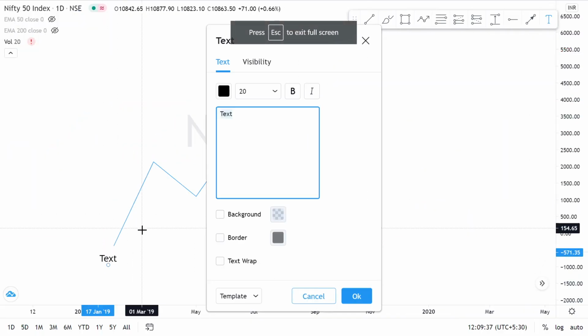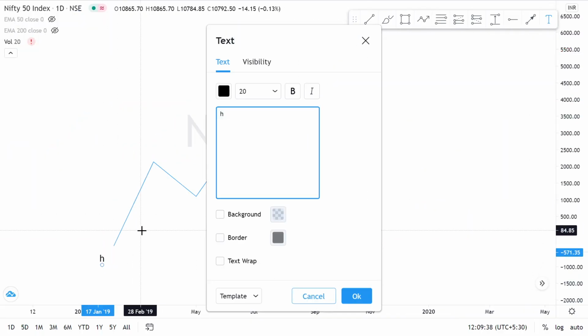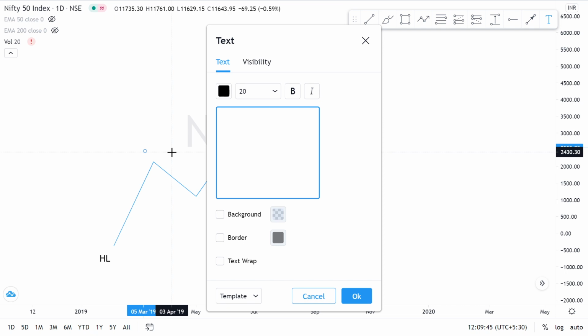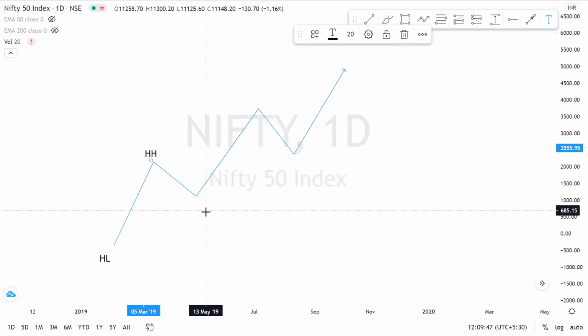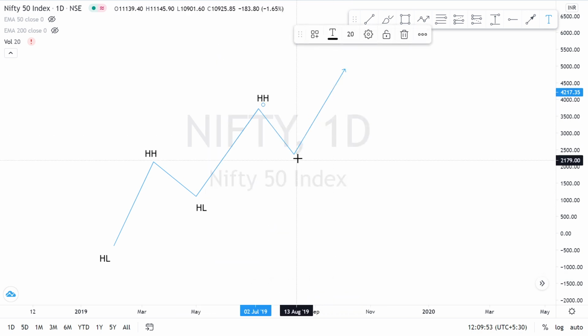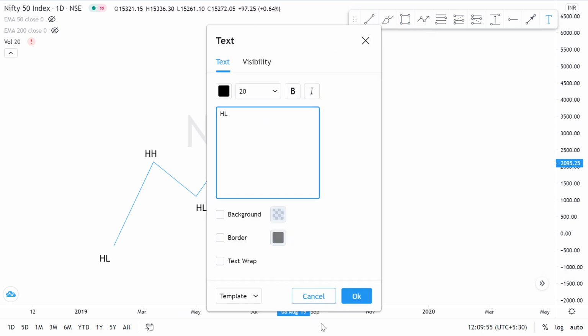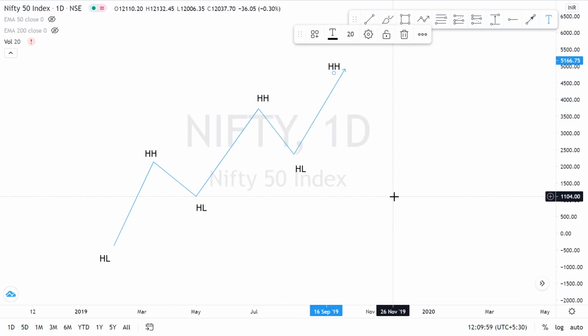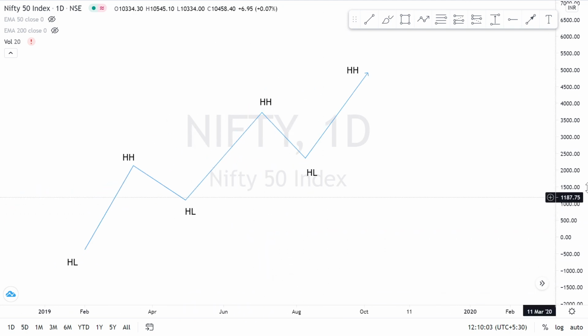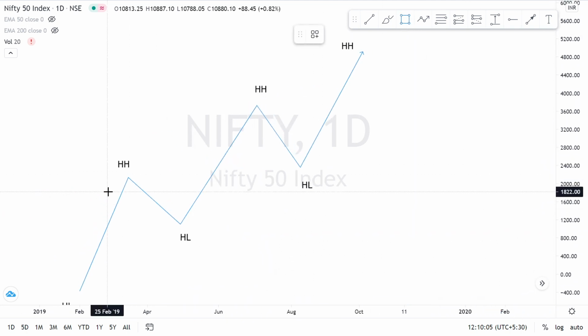This point is a higher low, this point is a higher high, this is a higher low, this is a higher high, this is a higher low, and this is a higher high.